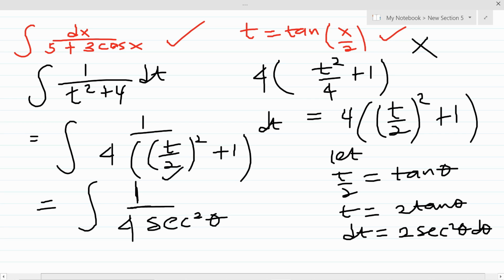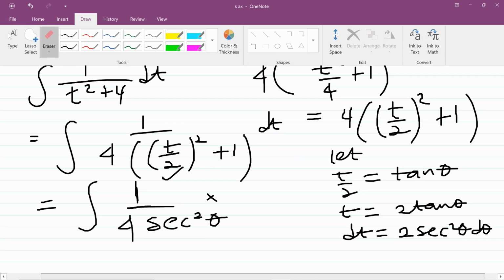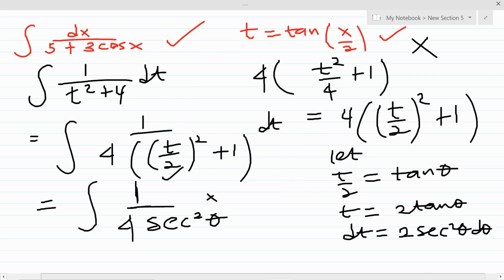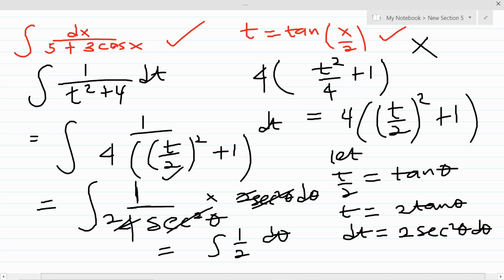So tan squared theta plus 1 will give me sec squared theta, then times dt. Dt is actually equal to 2 sec squared theta d theta. So this will cancel this, and the 2 will take this 4 and we'll get 2. So we actually have the integral of half d theta.